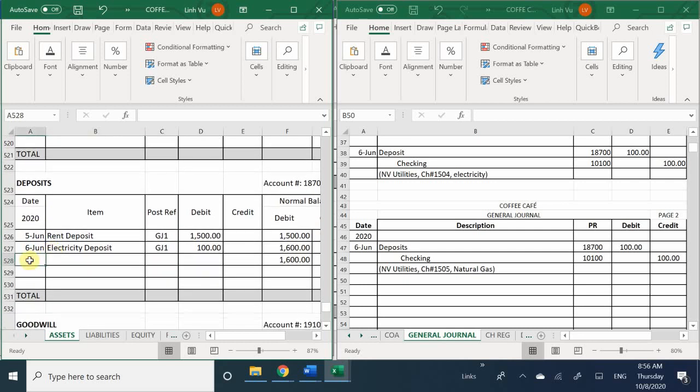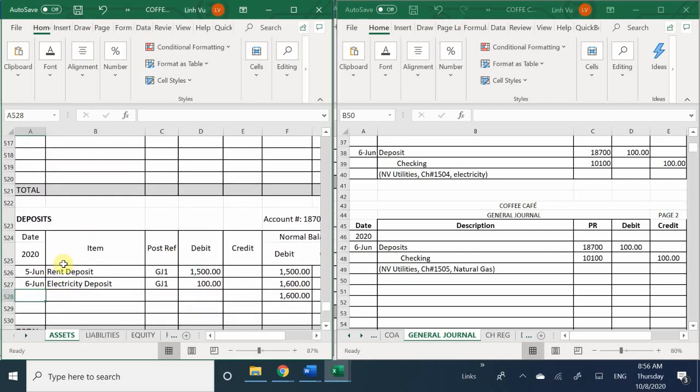For the Word document, it should be page 16, right? So June 6th, I'm going to write here natural gas deposit. General Journal 2, because we're on the second page now, for $100.